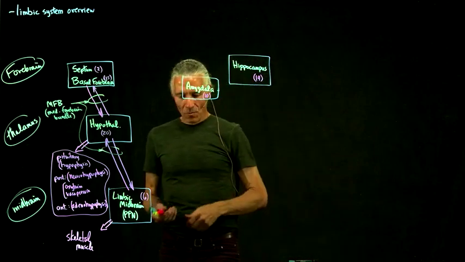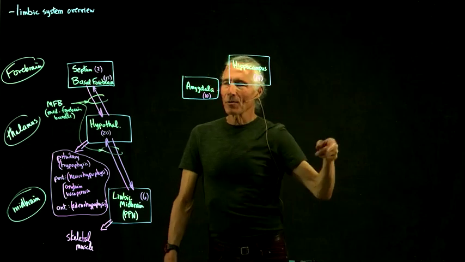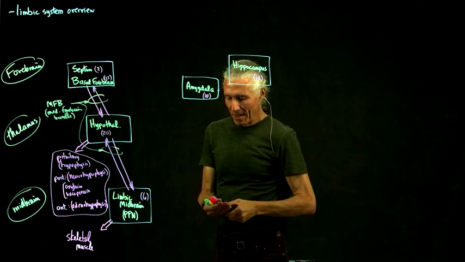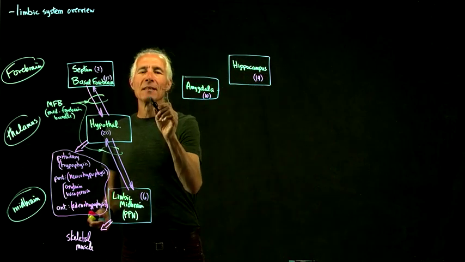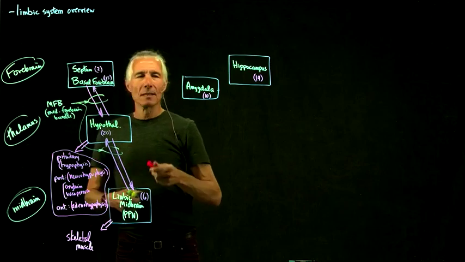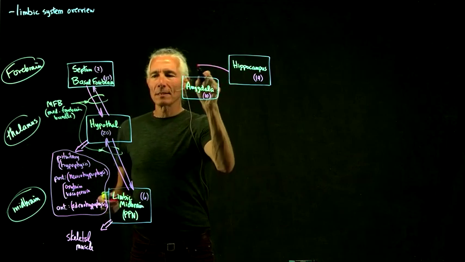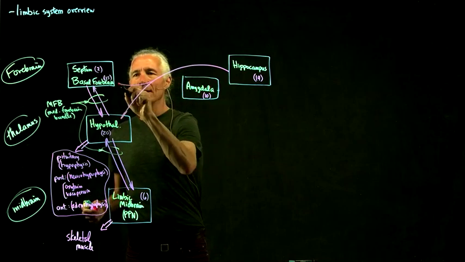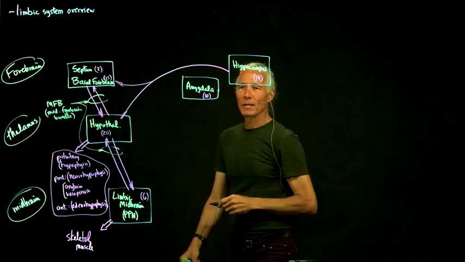And so one of those big pathways that circles around near the midline is called the fornix. And the fornix projects from the hippocampus down to the hypothalamus and especially to the septum, but also to the basal forebrain.